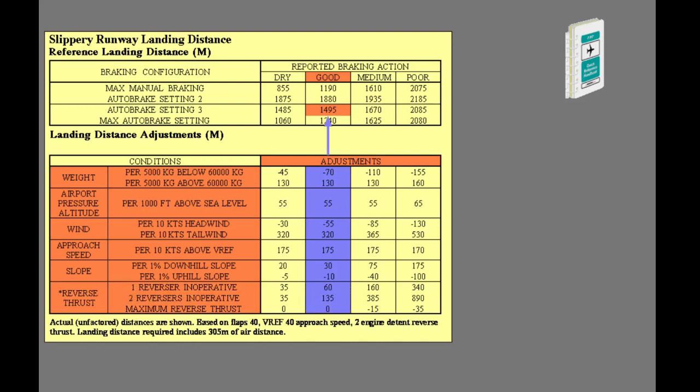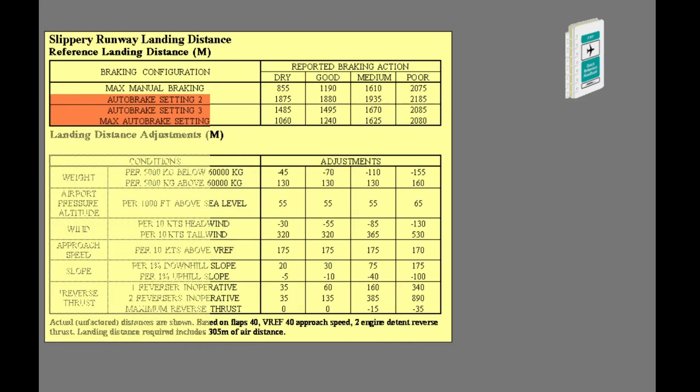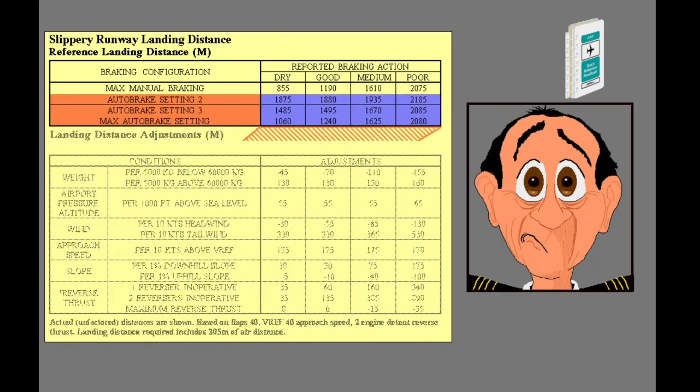These adjustments are added as necessary to the reference slippery runway landing distance read from the first table. It is important to remember that the auto brake system may not be capable of producing target decelerations on slippery runways due to the reduced wheel braking effectiveness.